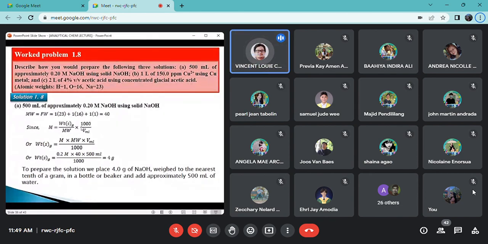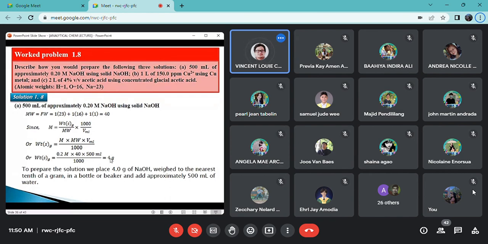Since you now have your molarity, 0.2, you also know the molecular weight, it's 40. And you know how much you need to prepare, 500 ml over 1,000. So if you calculate this, you'll get 4 grams of solid NaOH.